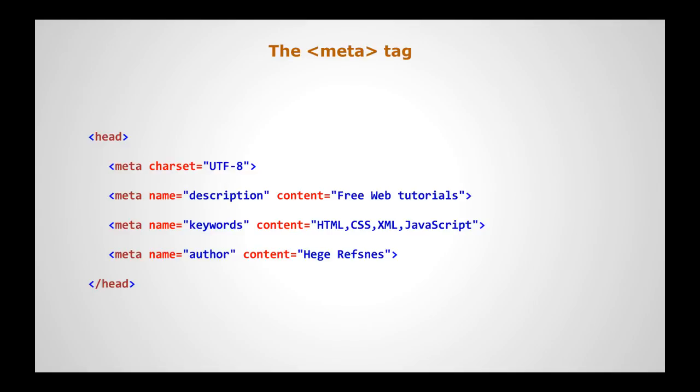The information that we put in the meta tag is very useful for search engine optimization, as we will learn in upcoming lessons. We will deal with the meta tag in more detail when we learn how to build a website. But for now, this is all we need to know.